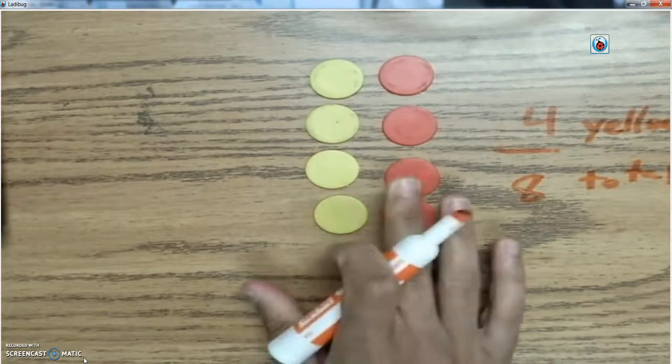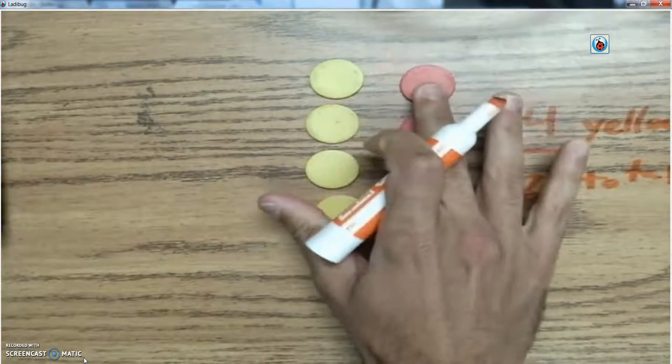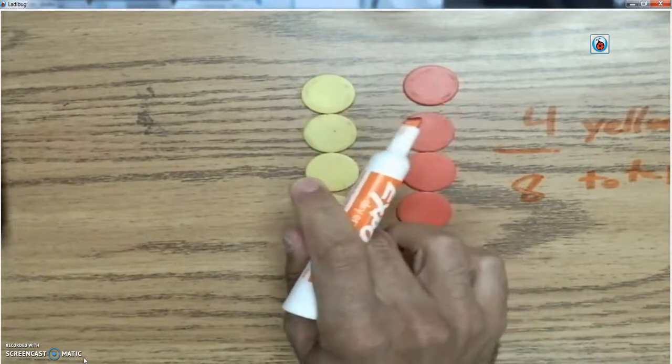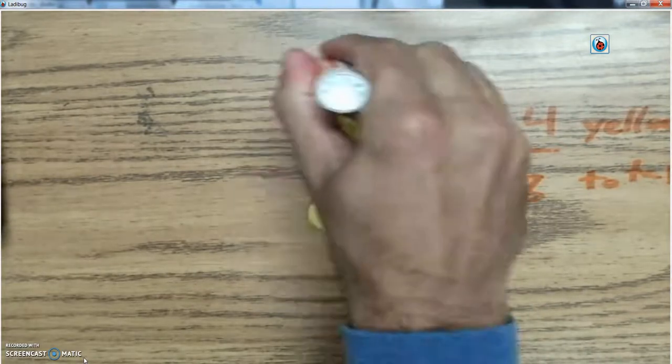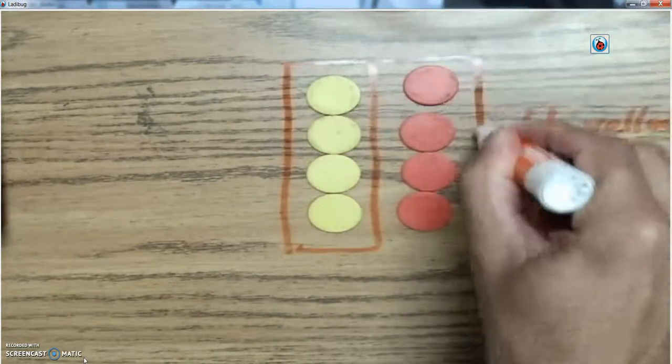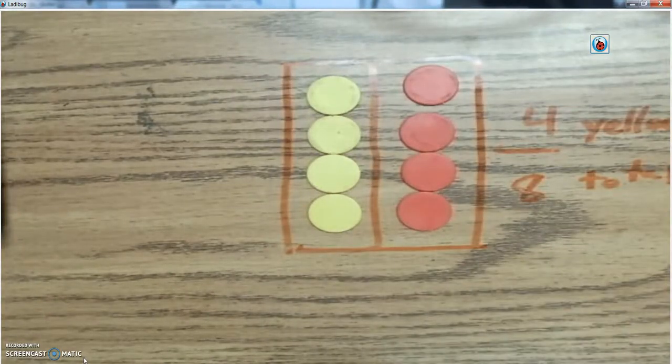But another way I look at this, if you look at the columns rather than at each individual piece, I can group all my yellow and all my red together. And I can also see the fraction 1/2, right?